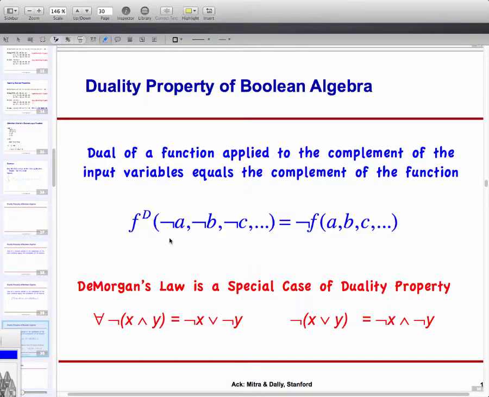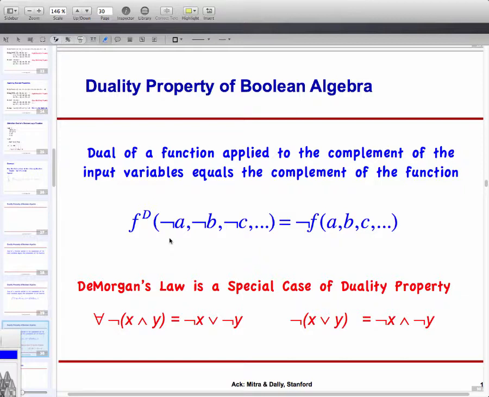I'm not proving these, they are complicated enough to prove, so you have to just take it on a trust basis. But it's a very powerful thing because you can really move very rapidly from one function to another. Oftentimes, in some technologies, a dual may be very cheap to implement, whereas the original function was not.